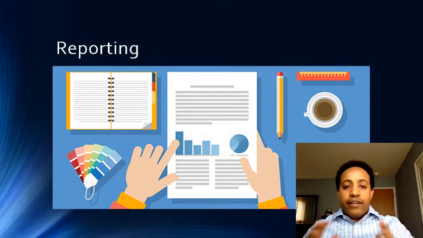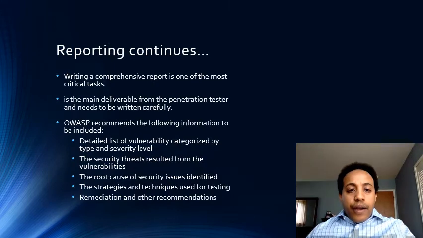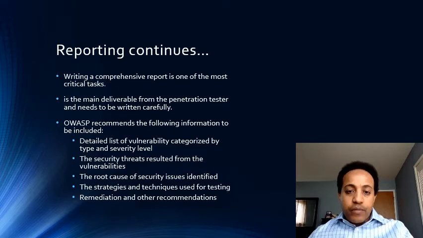Reporting. Okay, now we have identified all the vulnerabilities and exploits. The next step is sitting down and writing a comprehensive report that gives detailed information to the company that is being tested. Writing a comprehensive report is one of the most critical tasks. The report is the main deliverable from the penetration tester, and it needs to be written carefully.